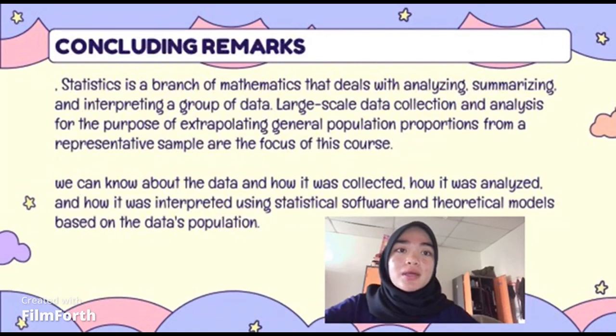In the meantime, inferential statistics entails making generalizations about a population based on the result of a sample. A population is often made up of a large number of people who share a common characteristic.